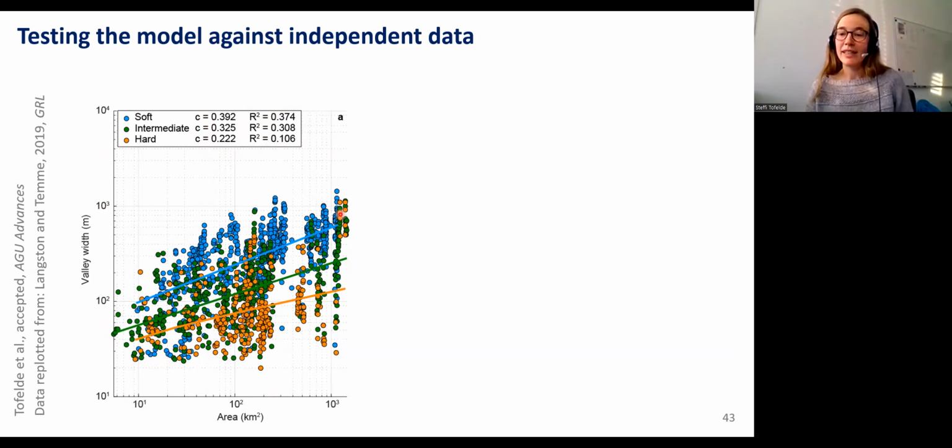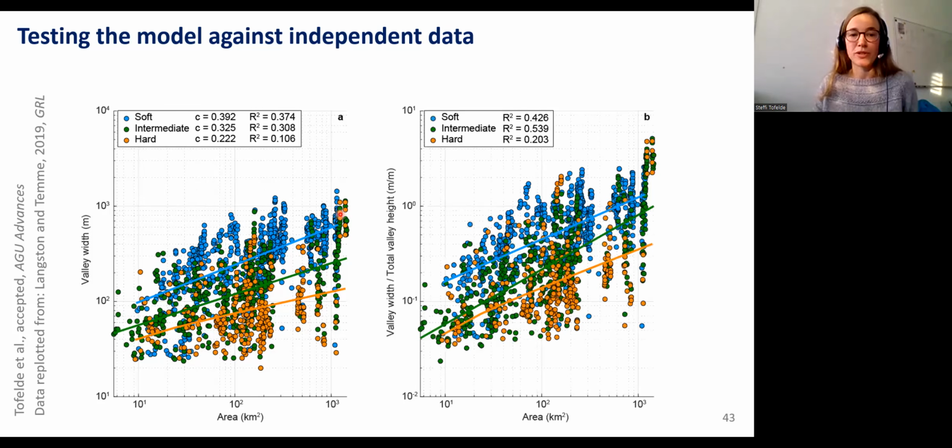And then we repeated this regression exercise, but now we normalize the valley width by the valley height before we do this. So here on the y-axis, we have valley width normalized by valley height, again plotted against area, and then we just repeat the regression.